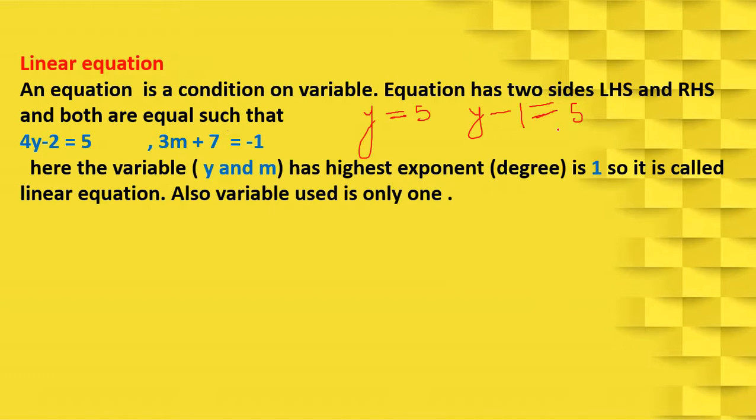Here in the examples, the variables y and m have the highest exponent, or we can say the degree of the variables y and m in all the examples is 1 only. So it is called a linear equation. Whenever an equation has the highest exponent of the variable as 1, it is known as linear.